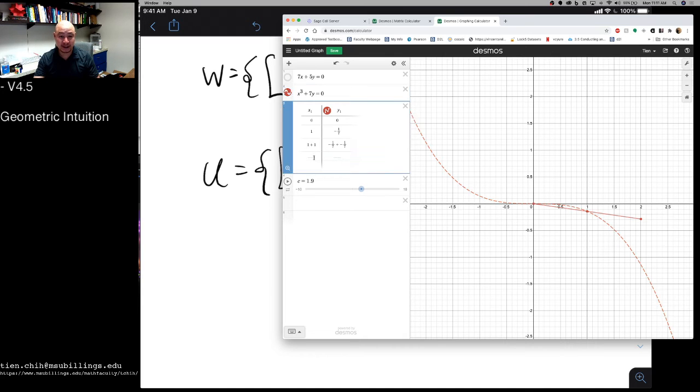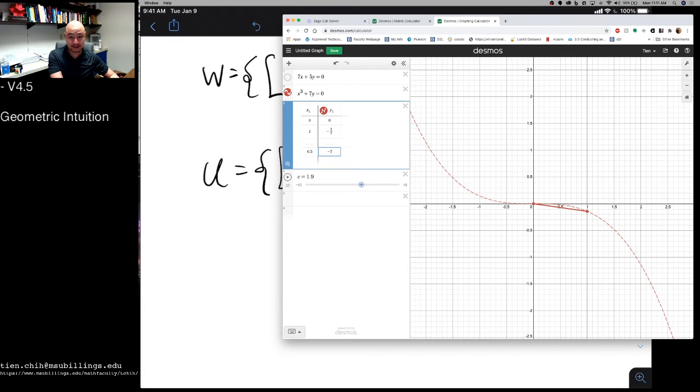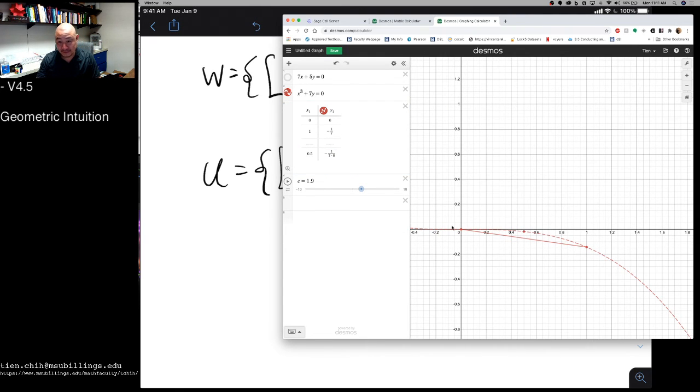Let's take another example here. Let's say when x is 0.5, y is minus 1/(7 times 8), this here, right?